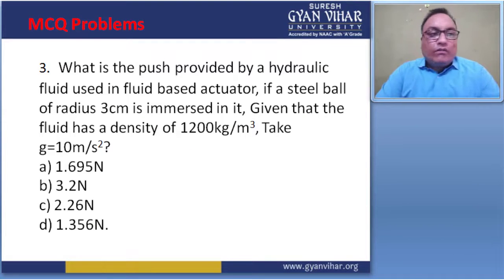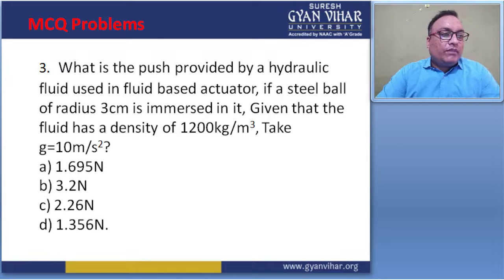What is the push provided by hydraulic fluid used in a fluid based actuator, if a steel ball of radius 3 cm is immersed in it, given that the fluid has a density of 1200 kg per meter cube, take G equal to 10 meter per second square? So what is the force required? Here the radius of the ball is 3 cm.